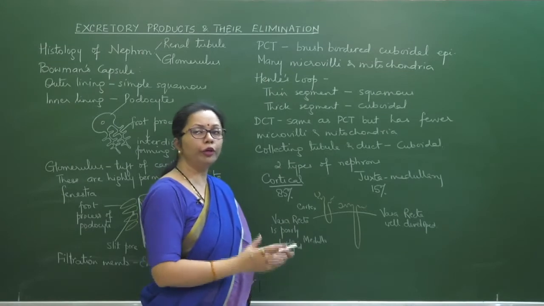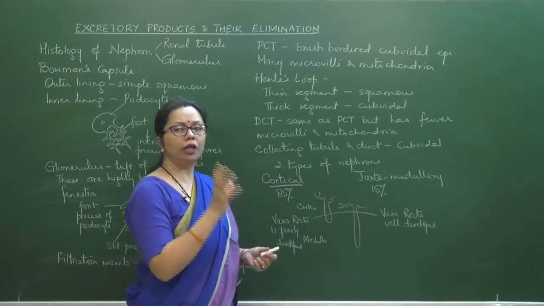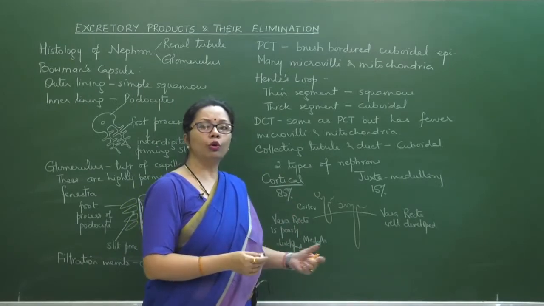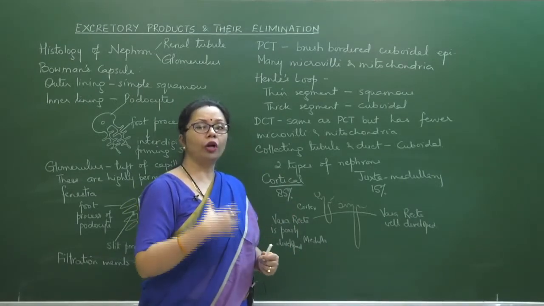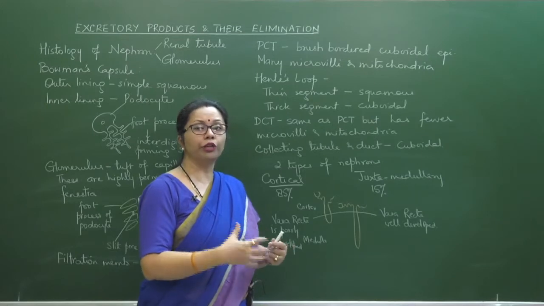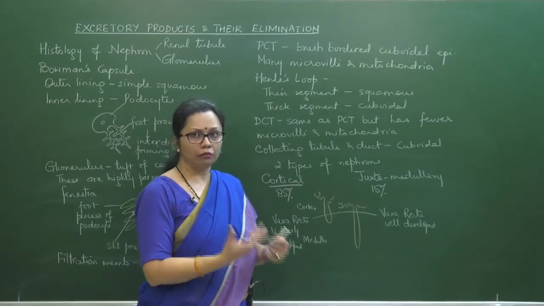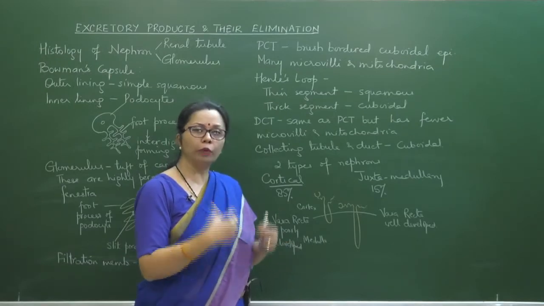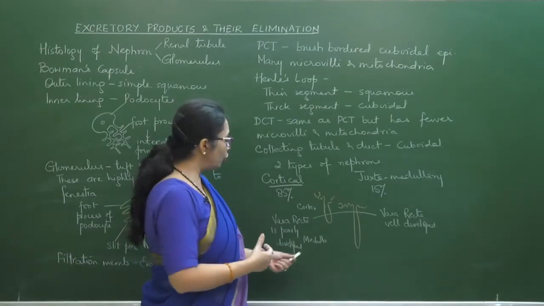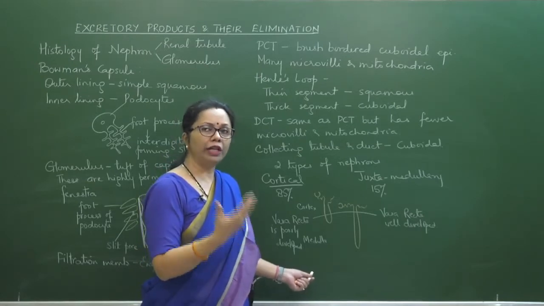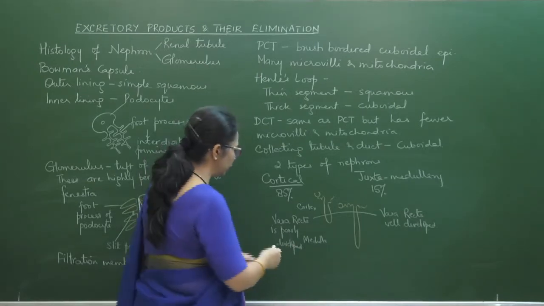So overall body fluids, this amount of water and ions should be in proper balance within a certain range. So the kidneys have to ensure how much urine is produced. In that urine, otherwise if a lot of water and salts are lost, then there is a problematic situation, right? And if there is too much of it, then also it's a problem. So it maintains, or is helpful in maintaining, the blood volume under normal conditions.